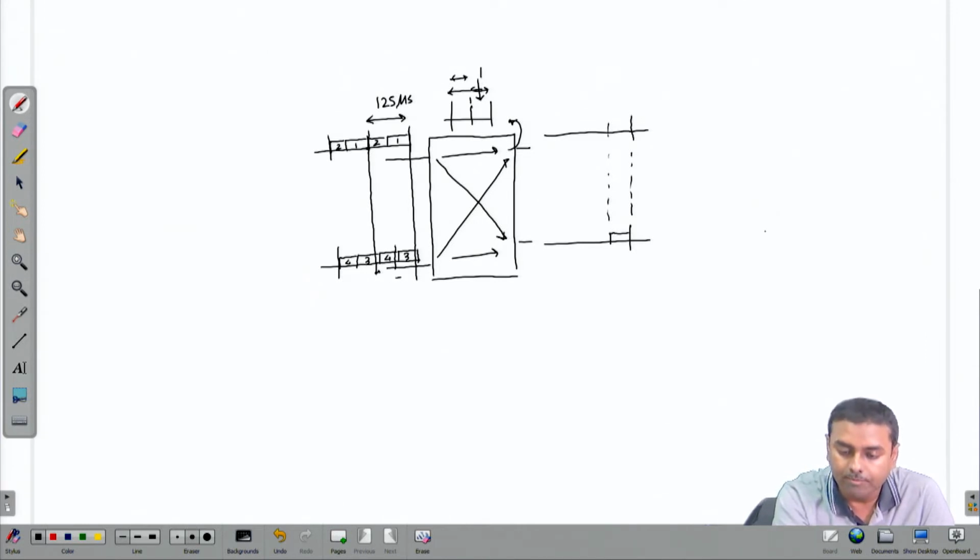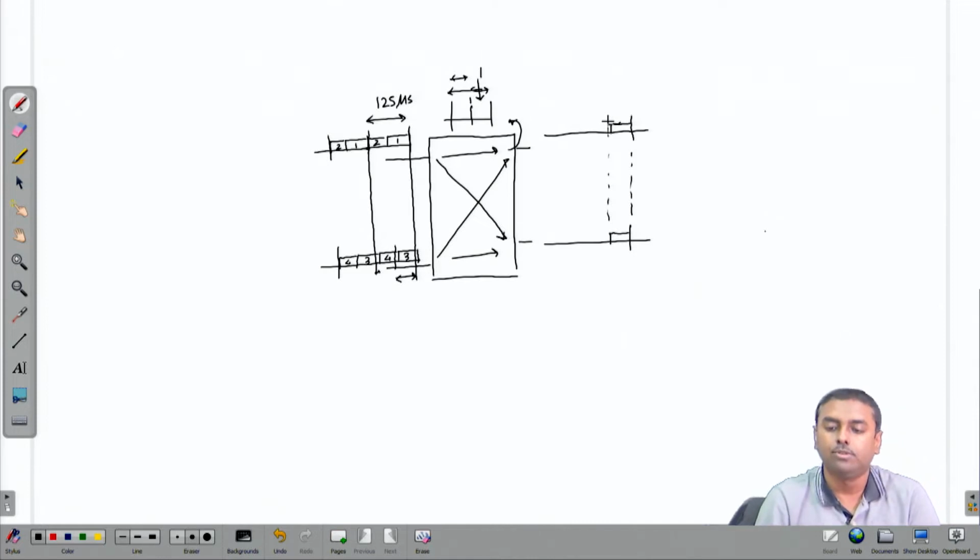So some partial portion of 3 and some portion of 4 will be transferred over here. This is a detrimental issue, because now the switching is not being done properly. This is what will happen if we do not make the inputs synchronized at the byte level. This is the problem we wish to solve through our elastic store.